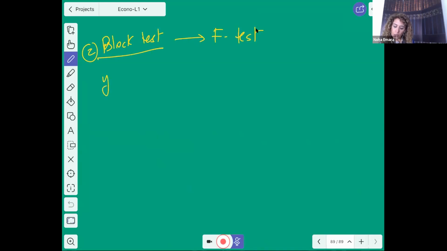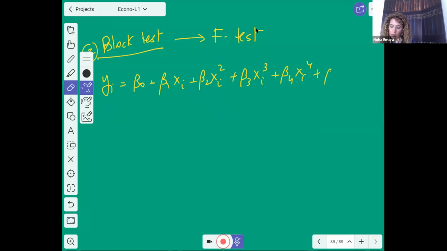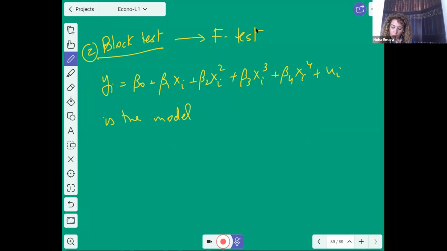So if I start with this model, yi equals beta naught plus beta 1 xi plus beta 2 xi squared plus ui, the question would be, is the model of degree 4 or linear?